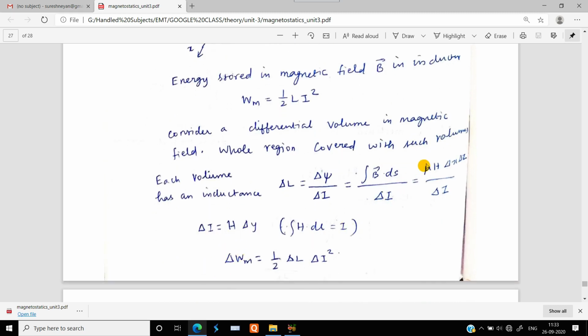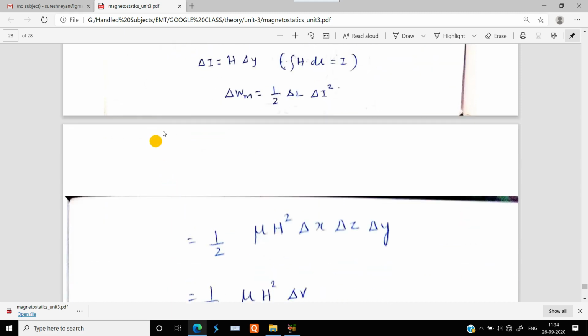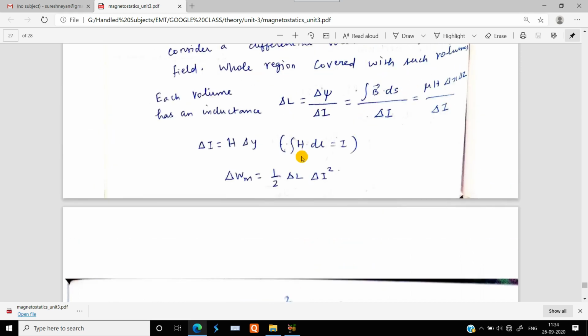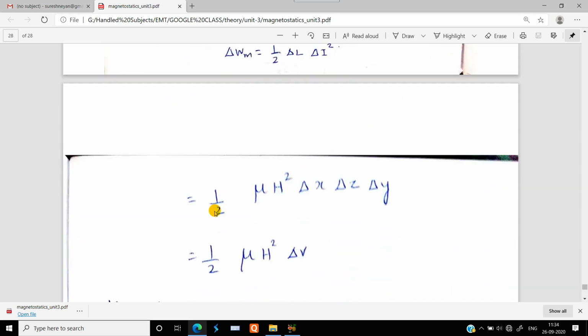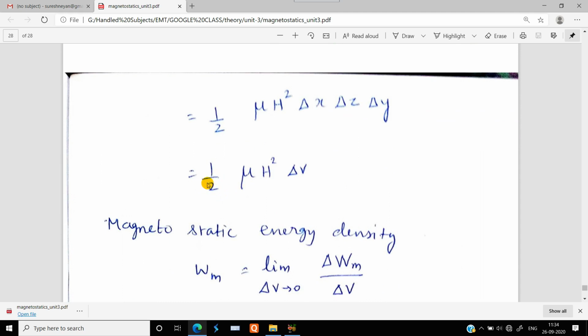So if you substitute this value in this equation, del Wm is going to be half into del L into del I square. If you substitute these two values, then we get half into mu into H square del x del y del z, that is half into mu H square into del v.